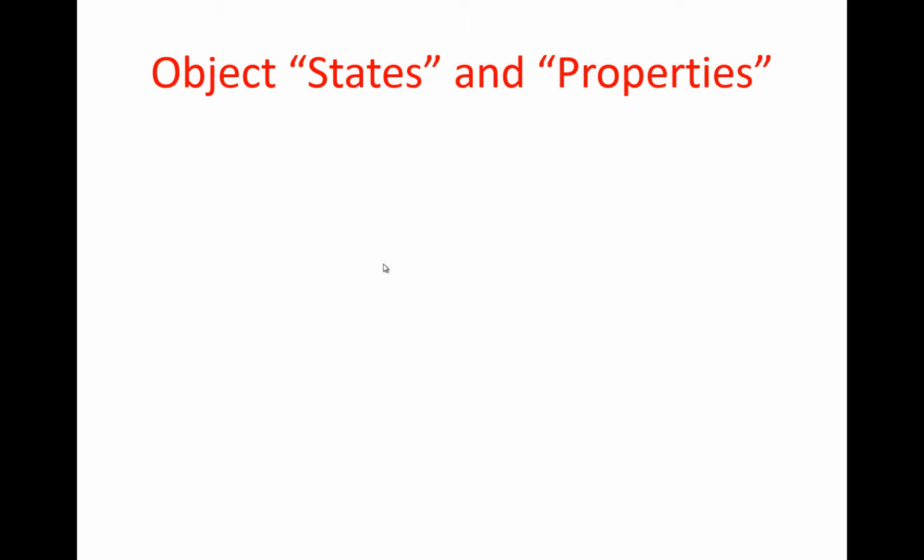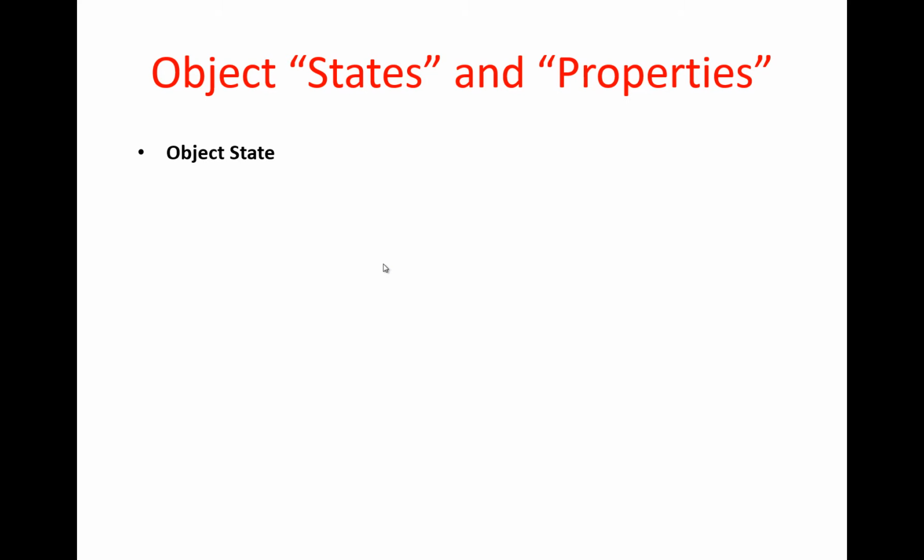Now, before we go ahead and actually extend our model, we need to first understand some basic concepts and definitions regarding Simio. Specifically, I would like to talk about object states and properties, and then we'll talk about add-on processes and Simio processes.